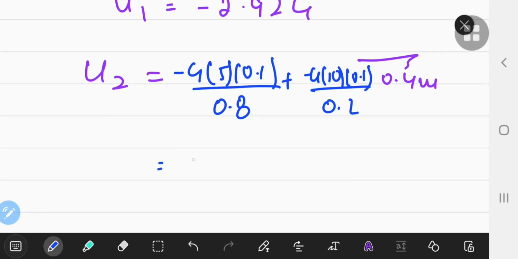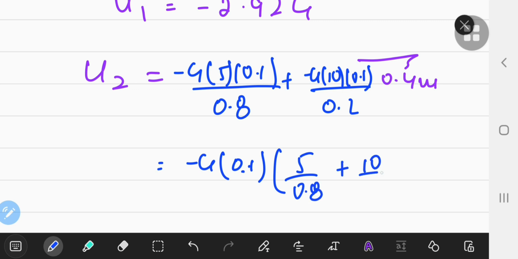And once again, just factoring out this G and 0.1, I'm going to get 5 by 0.8 plus 10 by 0.2, which according to my calculator is, oops, I plugged in the wrong values. 10 divided by 0.2 and 5 divided by 0.8.